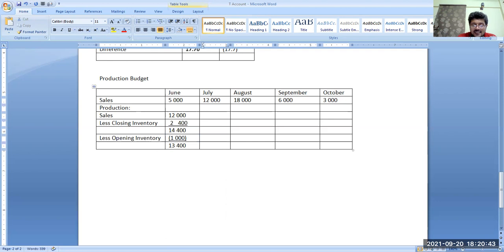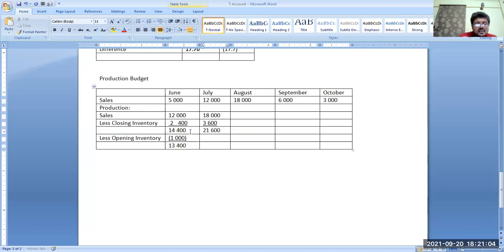Achha, what happened in July? We have to sell 18,000. Now we are preparing for August. 20% is the closing inventory. 18,000, 20% is 3,600. So total would be 21,600.